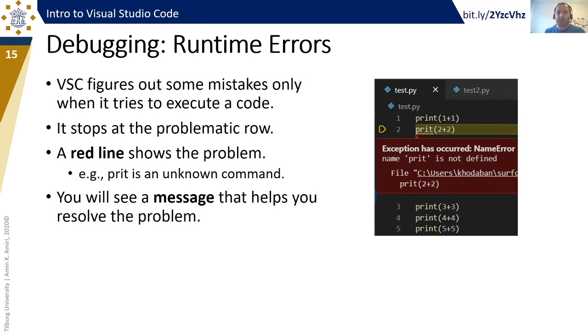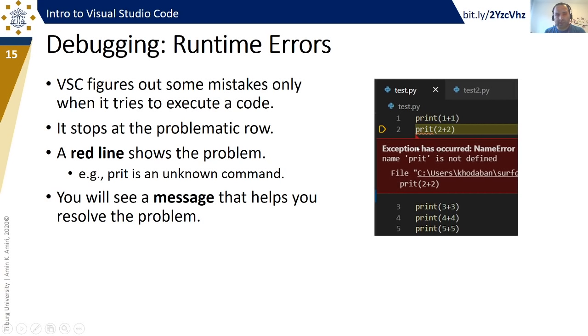It can also help you with runtime errors. Sometimes VS Code cannot figure out some mistakes when you're writing your code. Only after pressing F5 or running the program, it finds out a problem. So it usually stops at the problematic row.